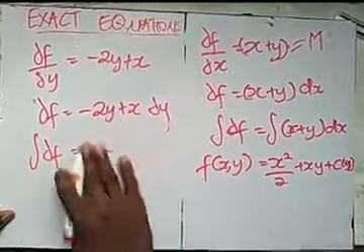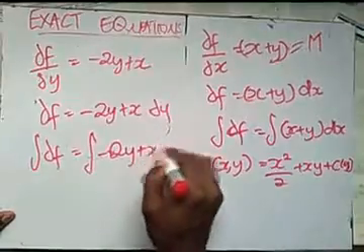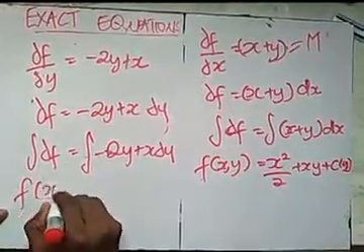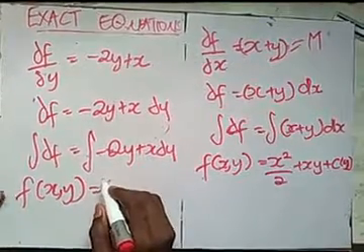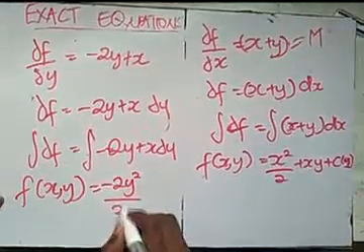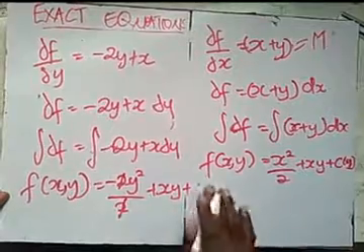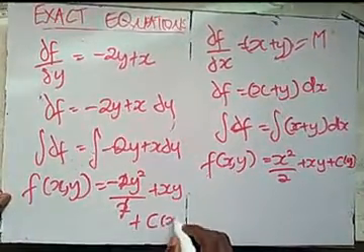So let's integrate this. We have f(x, y) equals minus 2y squared over 2, let the 2 be cancelled out, plus xy plus c(x).